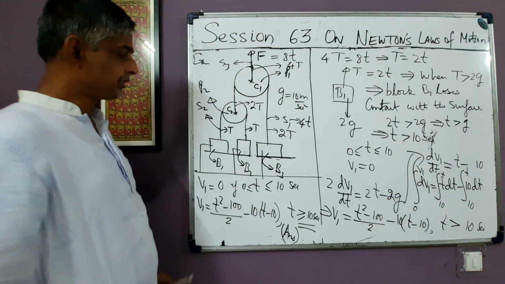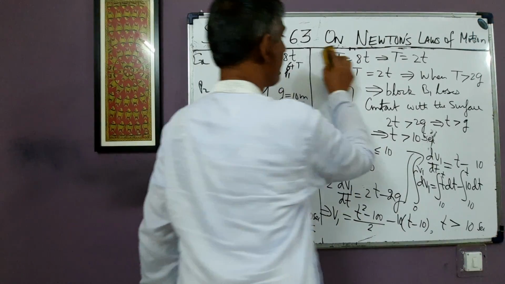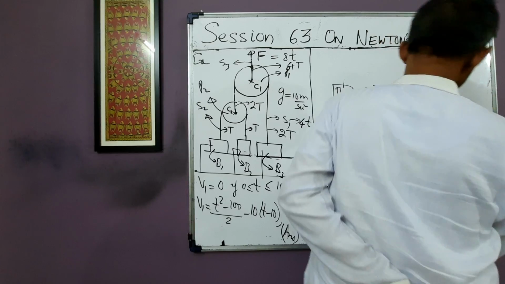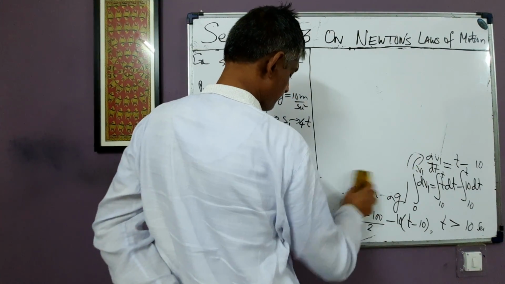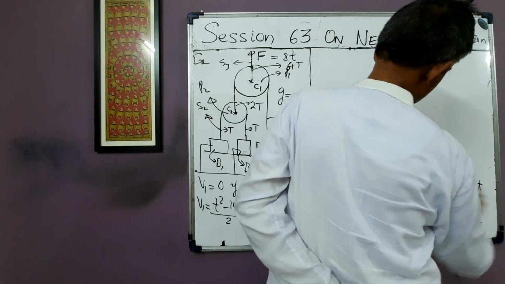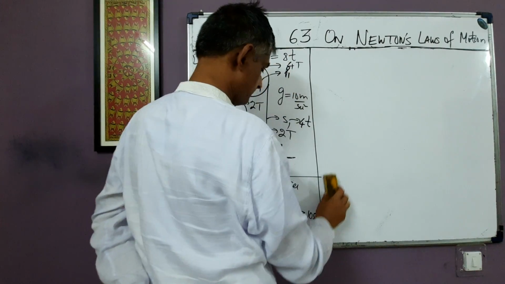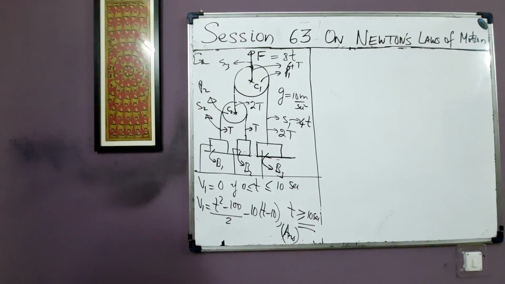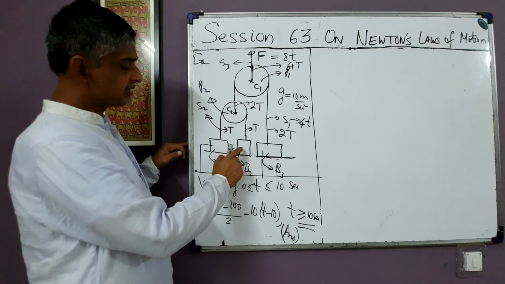Okay. Now I take the case of B2. Now find the speed of, repeat the same thing for B2.